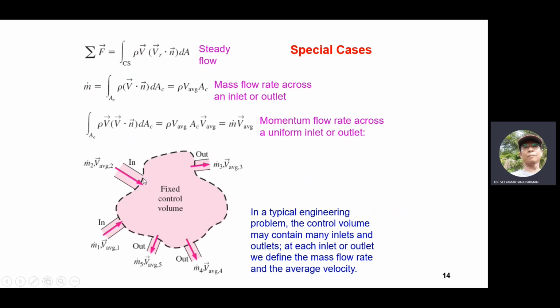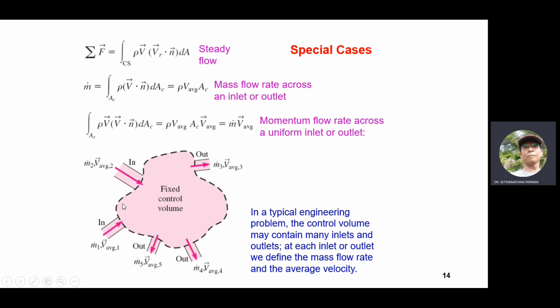If we see this figure, we define this as the control volume, and we have two inlets, inlet 1 and inlet 2, and three outlets, outlet 3, outlet 4, and outlet 5.